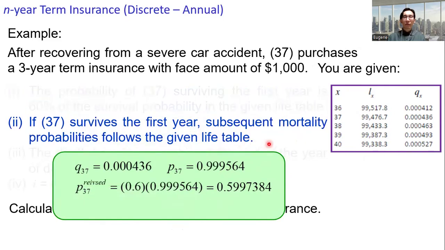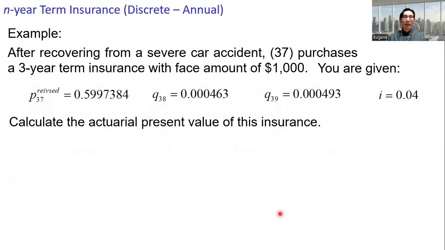And then if the individual survived the first year, subsequent mortality probabilities follow the life table. We have q_38 and q_39 respectively. From this, we can get the actuarial present value for this insurance.